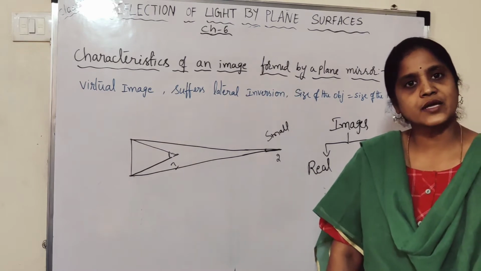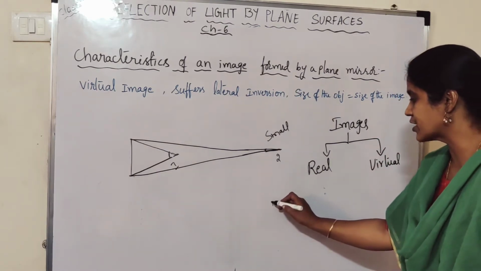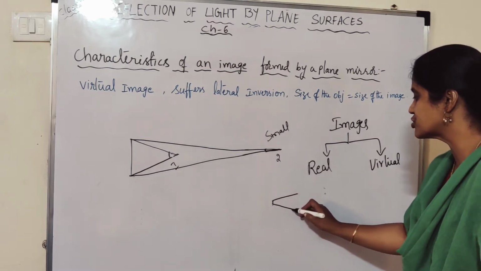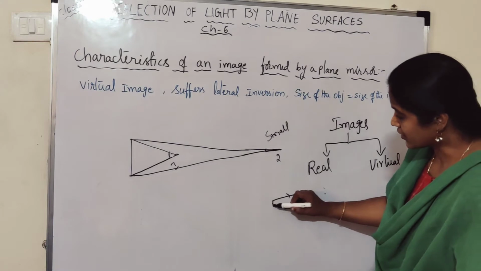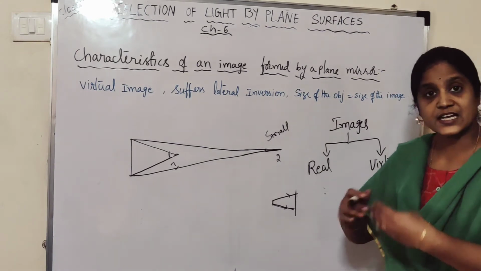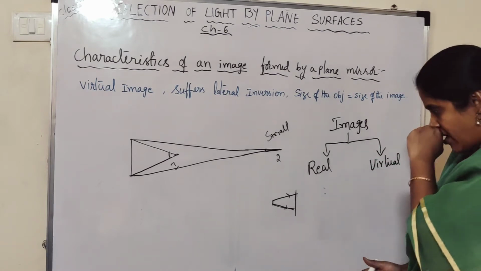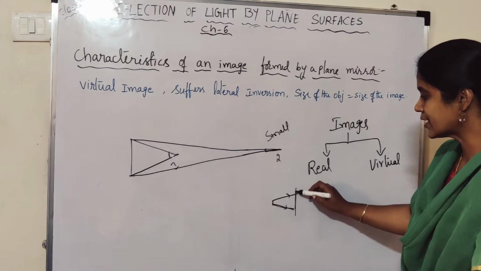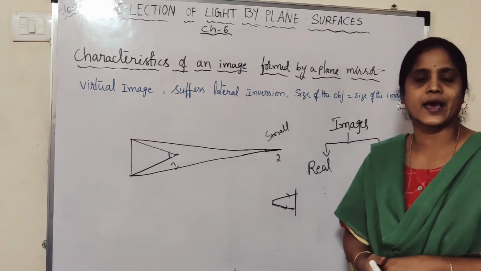What are real images? Suppose there is an object. From the object, the rays are reaching your eye. If you place a screen there, then you can catch the image of the object, like a candle flame with a pinhole camera.